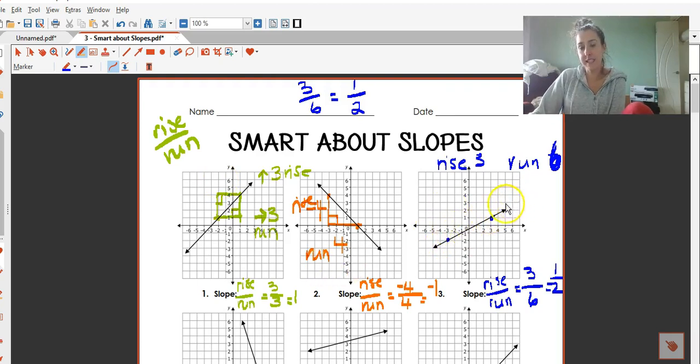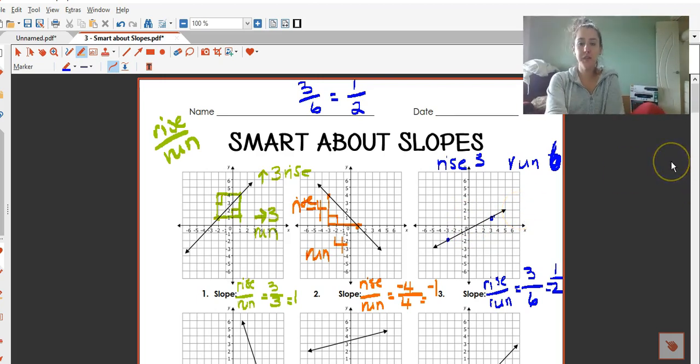This line isn't as steep as this one. So this one has a gradient of positive 1, and this one has a gradient of positive 1/2. So this one's a bit shallower and this one's steeper. For every 1 that this one goes up, it goes across 1. This one goes up 1, across 2, up 1, across 2.